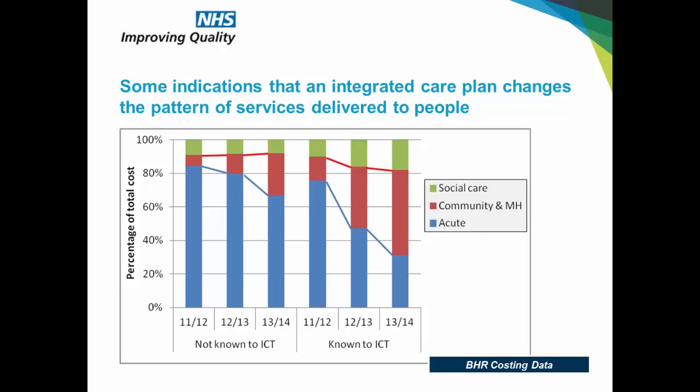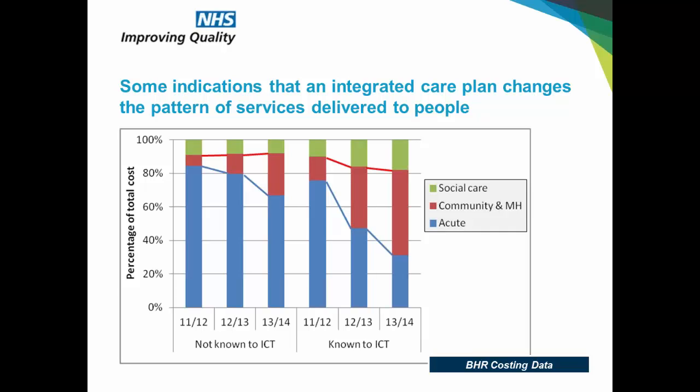And then this is from one of the London sites, and this is showing that there's some indications that if you have an integrated care service looking after individuals, so that they've got an integrated care plan across all services, then that can change the sort of services that are delivered to people.